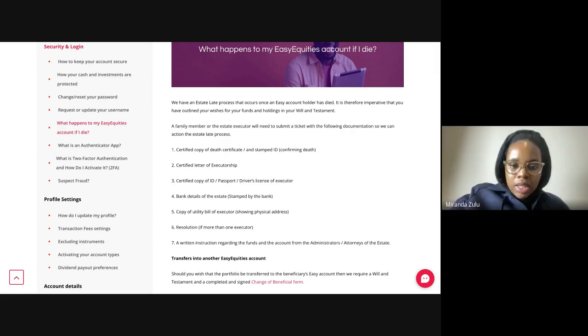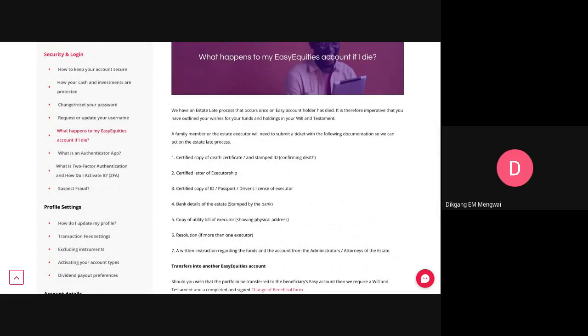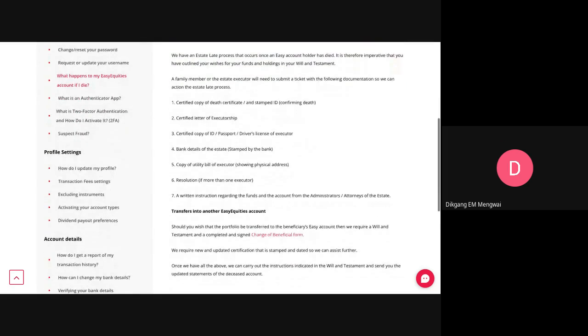I think the government gazette, for a period of 30 days, if I'm not mistaken. And if no other family member or child of the supposed male comes forward, then they move forward with whichever children are available and registered. So if there are 3 children registered and the wife is the executor, then the wife, if married in community of property, will get 50%, and the children will share the remaining 50%.